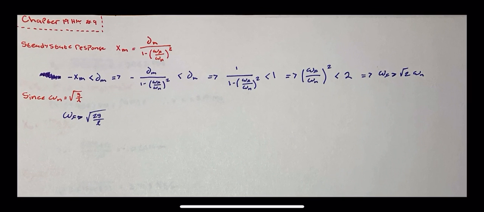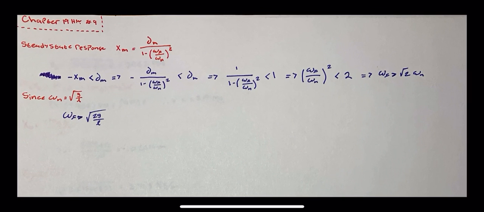So first of all, the steady state response xm is equal to delta m over 1 minus (omega f over omega n) squared. Knowing that, and knowing that negative xm is less than delta m, we can go ahead and plug xm into that, and we can keep simplifying it down.